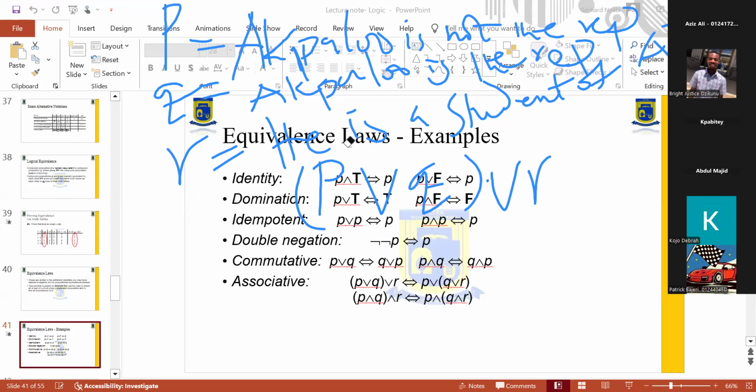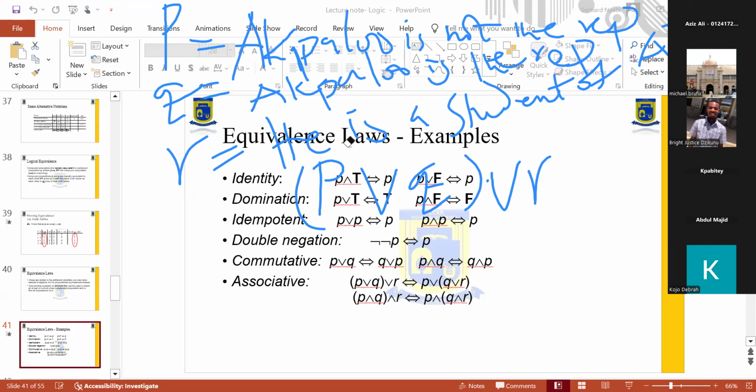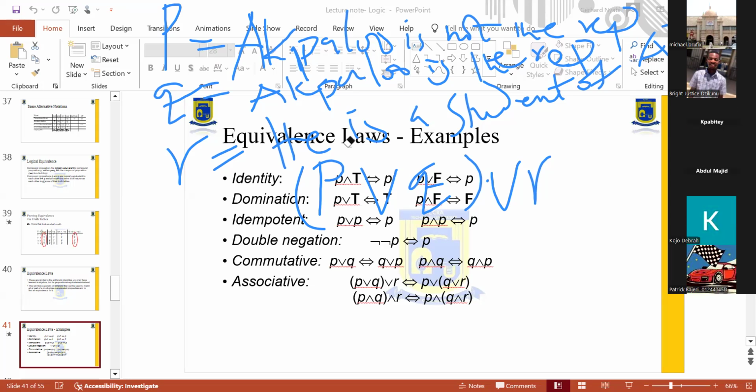So the first one, you say either Akpalu is not a rep, or Akpalu is a rep, or he is a student of ATU.